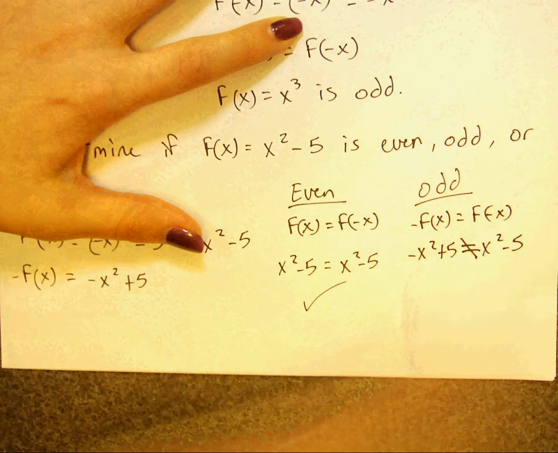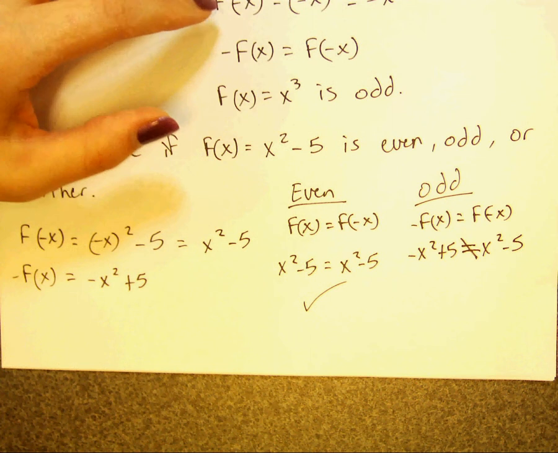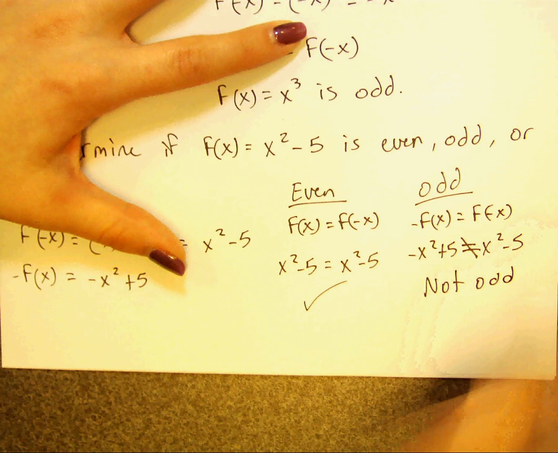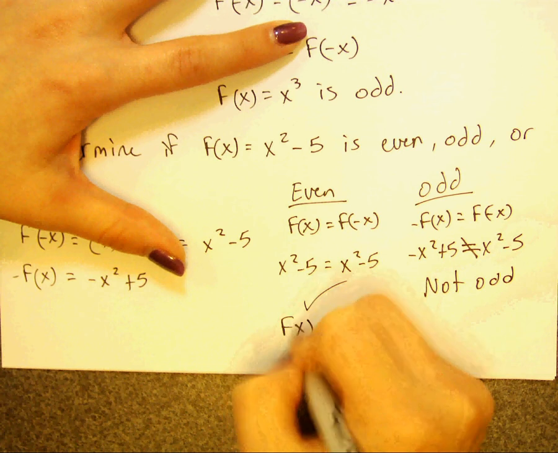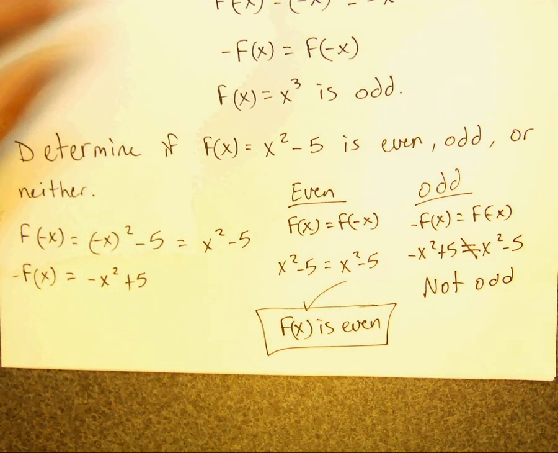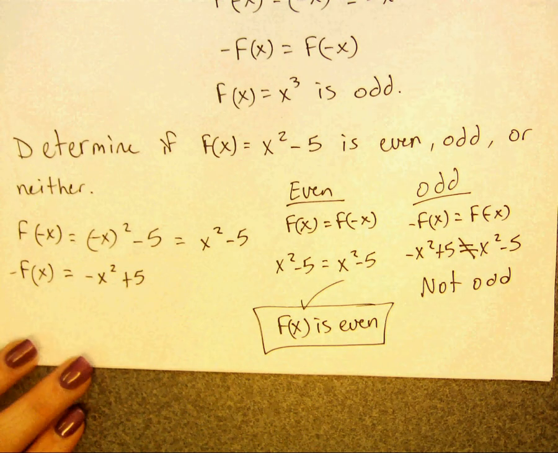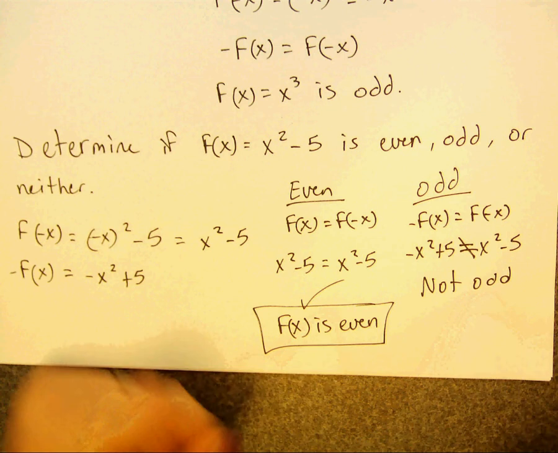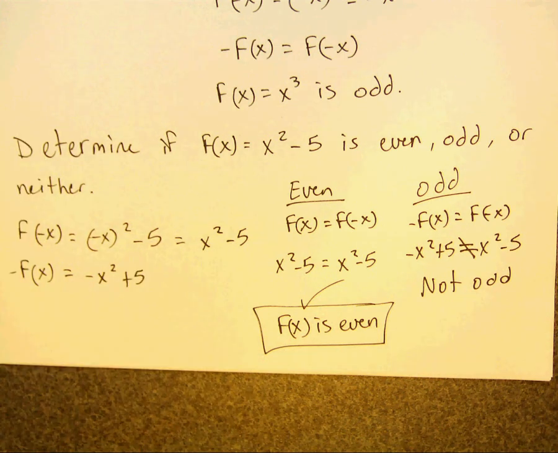So I'm going to put a slash through that. Those two things are not equal. So this is not odd. But f of x is even. And if we got something that was not true for either, our answer would just be neither. Okay? Questions?